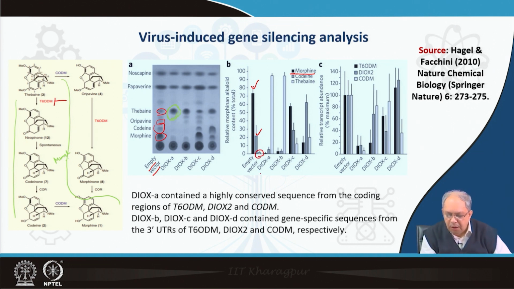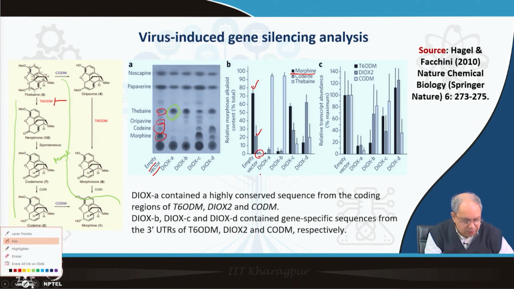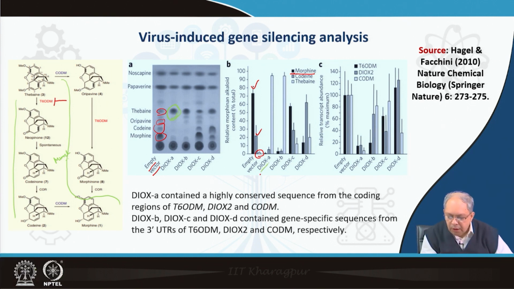But now, if you see the DIOX-A, the one where CODM is blocked, there is very little morphine, almost nil, a little bit of codeine, but a huge amount of thebaine.